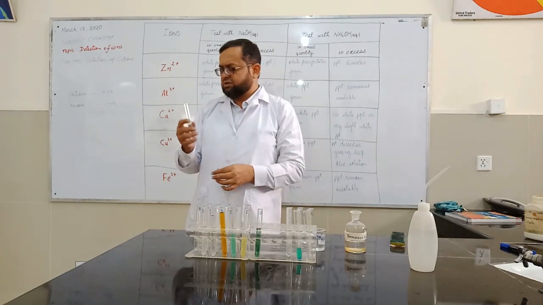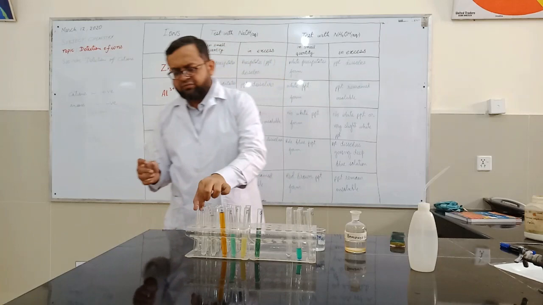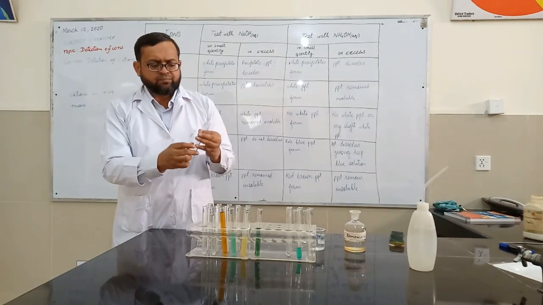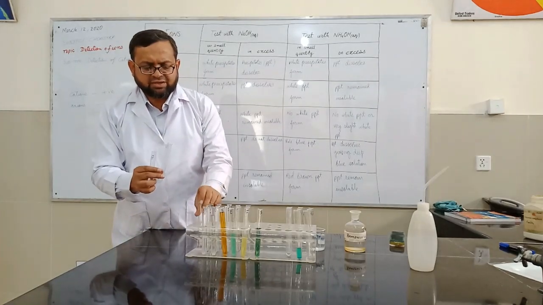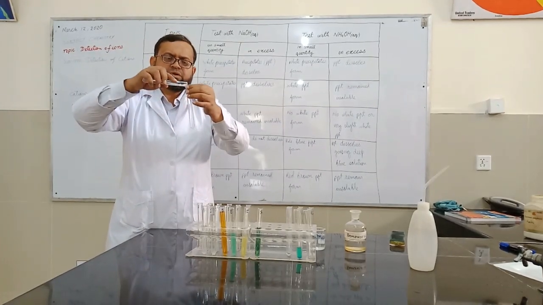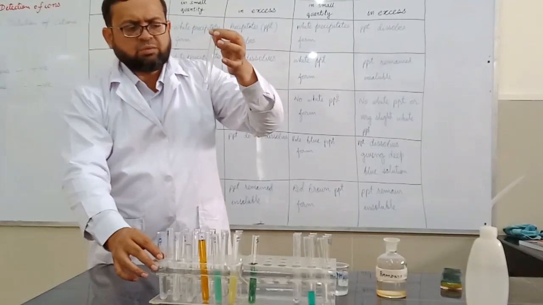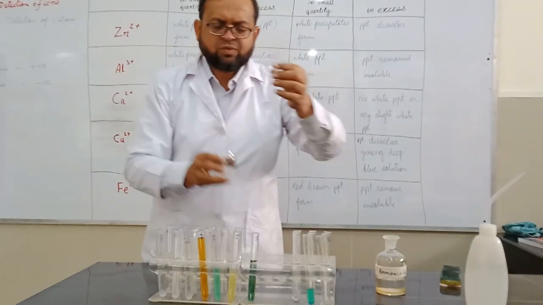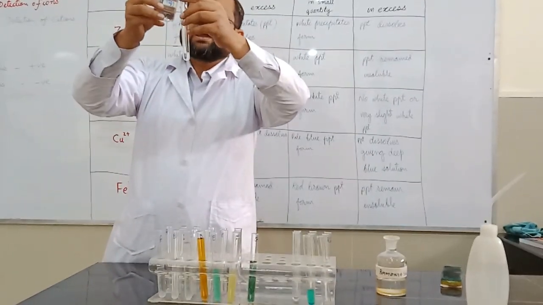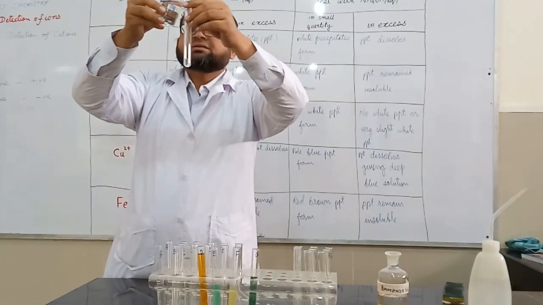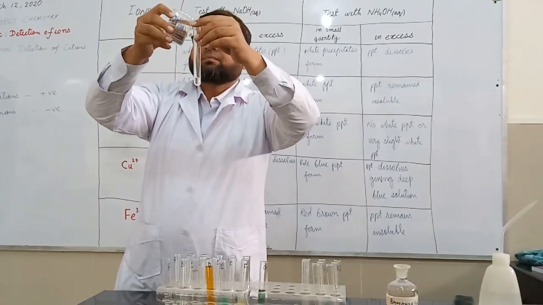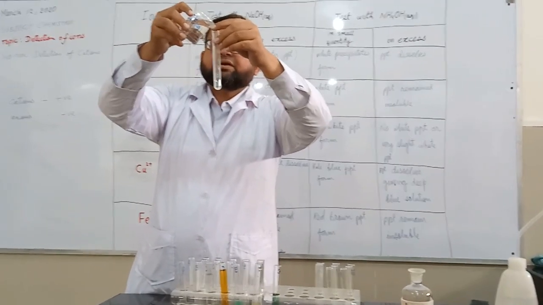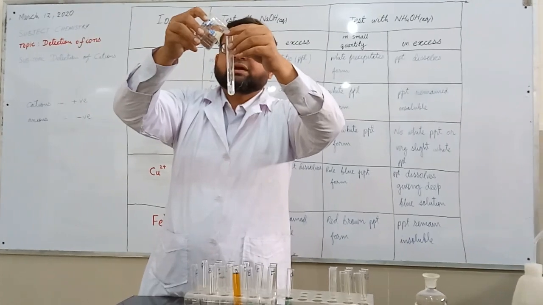First we will observe these colorless solutions. We have two test tubes marked with the same letter A. First I am adding a small quantity, about 1 to 2 ml is enough, of sodium hydroxide.